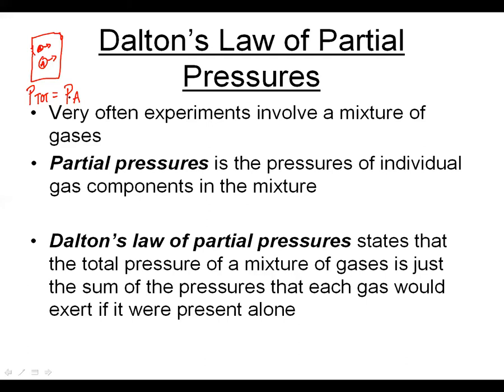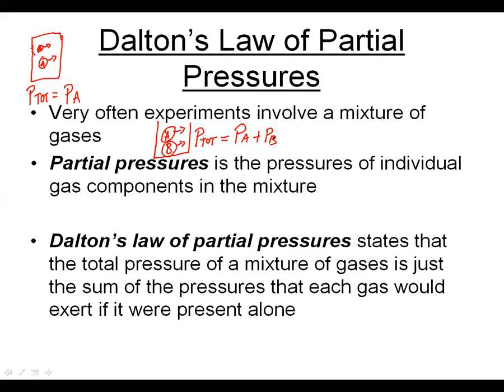But if we take that same container, and in that same container we don't have just gas molecule A flying around, but maybe we've got gas molecule B flying around with it, the total pressure is now a mixture of those gases and is a result of the pressure of A plus the pressure of B, as they are both contributing to the overall pressure in that mixture.